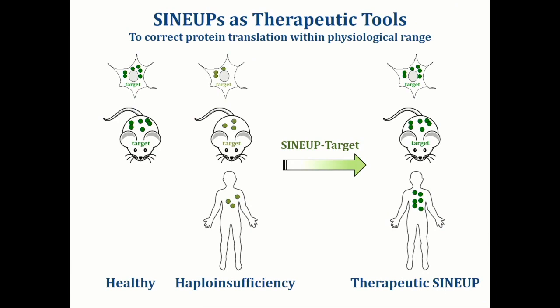In my lab and in collaborators' labs, we are now trying to use those antisense RNAs, changing the antisense region to target genes that originally do not have such an antisense, and increasing the amount of protein in case of haploinsufficiency or any other disease which will need some increase of translation of protein.